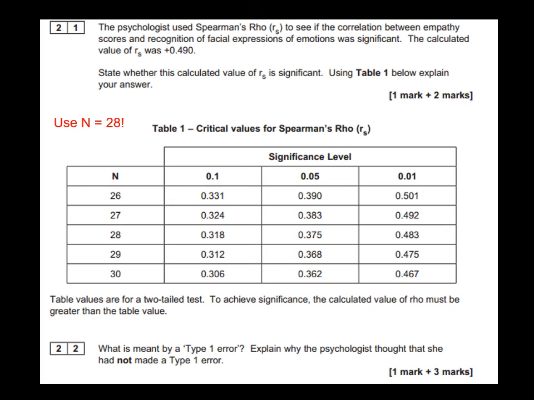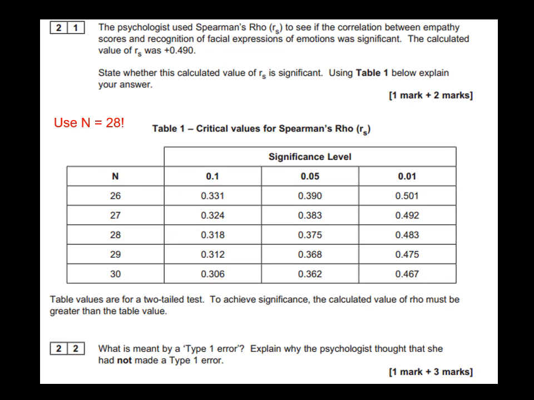Because it is significant at that higher level, 0.490 is higher than 0.483, which is the test at the 1% level, the likelihood of it being a result of chance is pretty poor. So the likelihood of making a type 1 error is pretty low, to be honest.